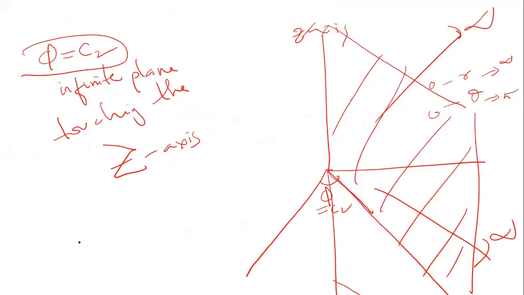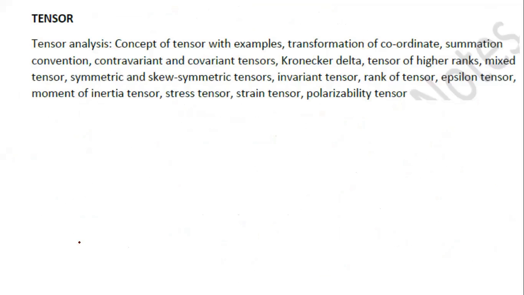Now let us move on to the last section of our syllabus, that is the tensor analysis. This particular unit 3 is a little bit vast, a little bit heavy.